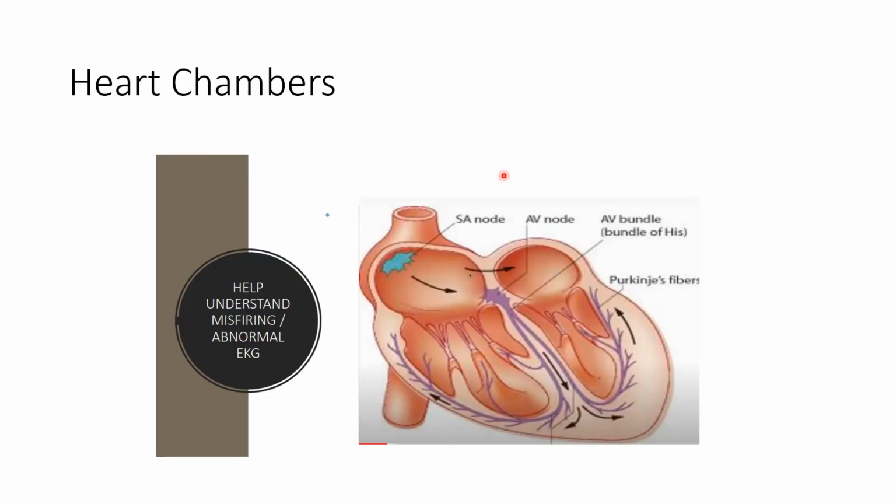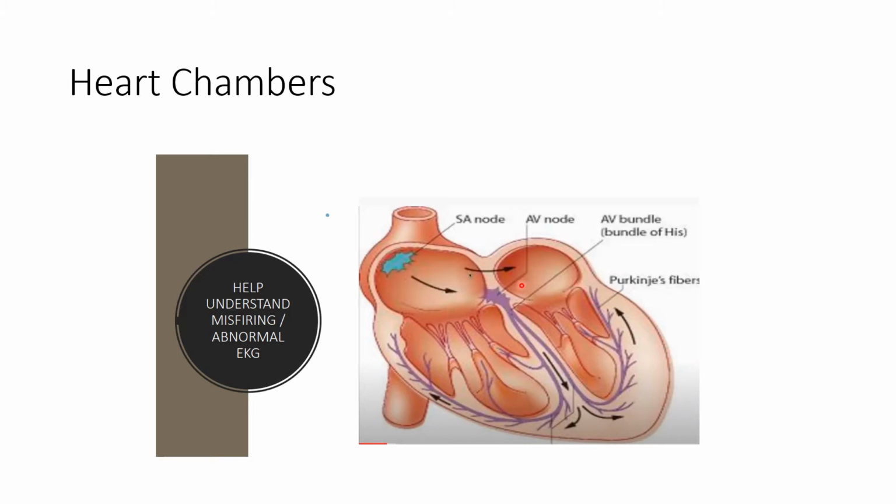So look at this little model that I have here and see if you can remember what I just told you, to help you understand the misfiring or the abnormal EKGs or the normal firing. So look at your SA node, look at your AV node right here.